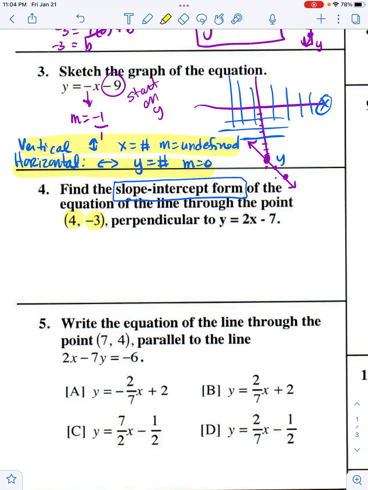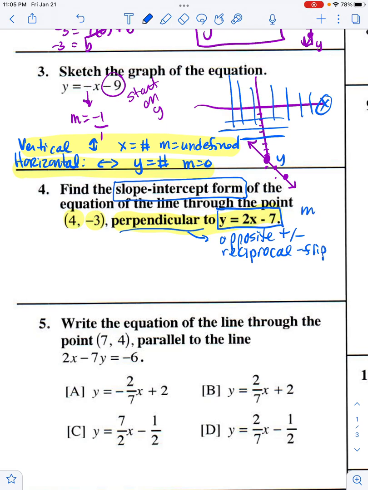Okay, anyway, slope-intercept form. So we've got an x, a y, and it says it's perpendicular to this. On that chart, it talks about the 4 ways to find slope: either it's given, you use the formula, it's parallel to something, or perpendicular. Perpendicular means that you need to use the opposite, meaning plus, minus, and the reciprocal, meaning you're going to flip it over, whatever they were giving you.